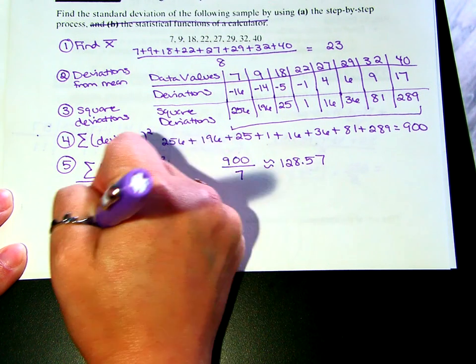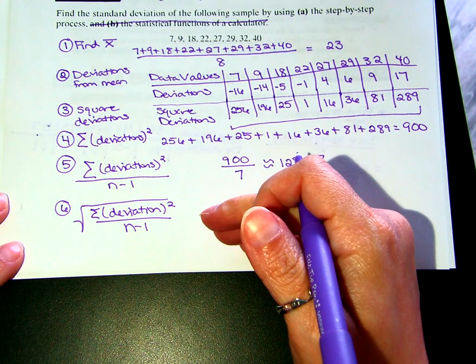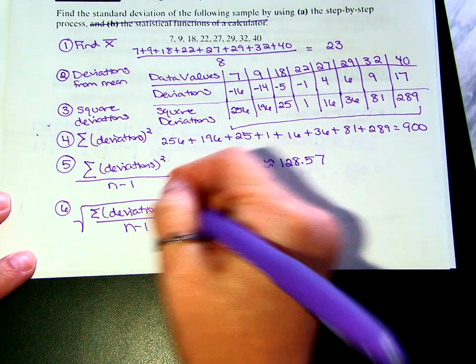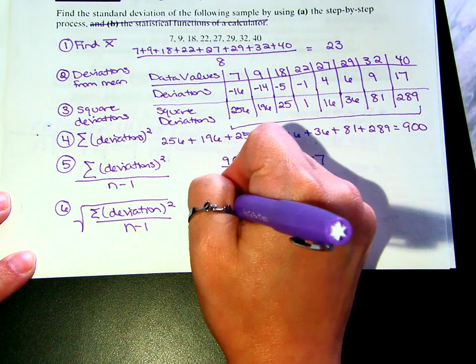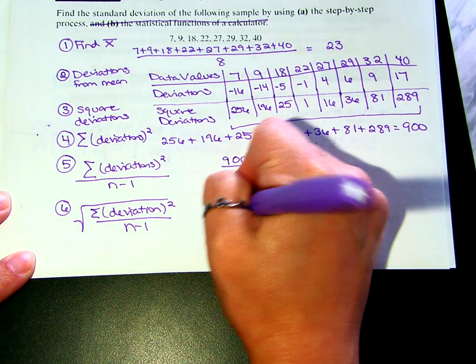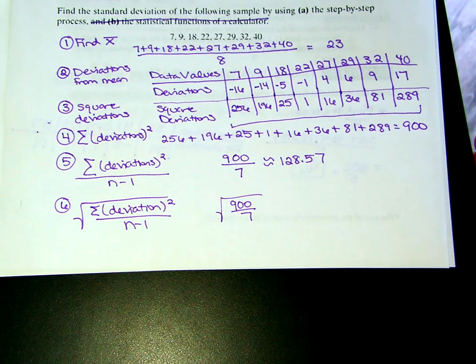Notice we have just built the formula for standard deviation through these 6 steps. But when I take the square root, I'm not going to put 128.57 in. I'm going to take the square root of the 900 over 7. So really step 5 is a little bit unnecessary. I would skip and go straight from 4 to 6.